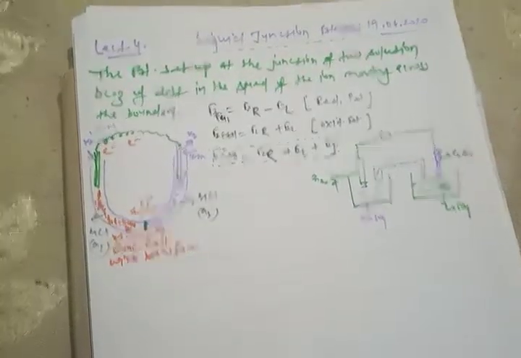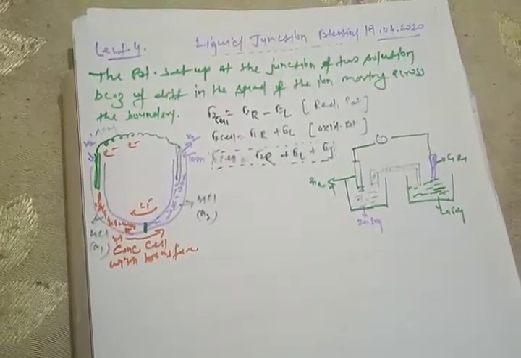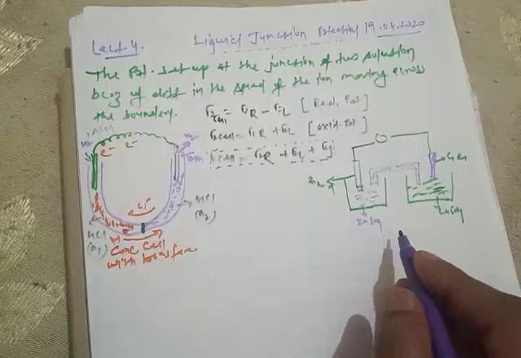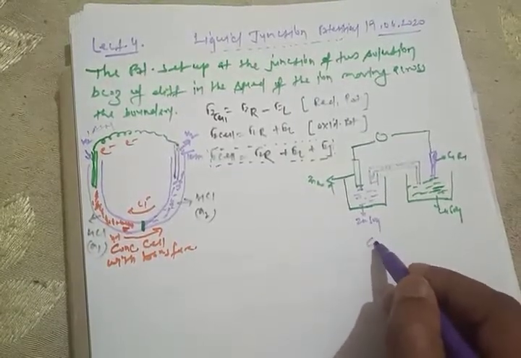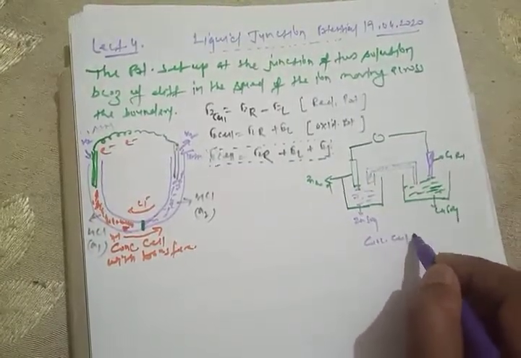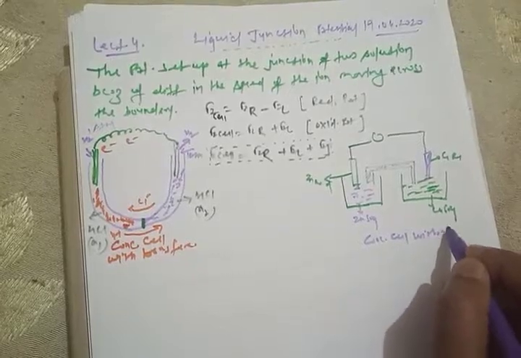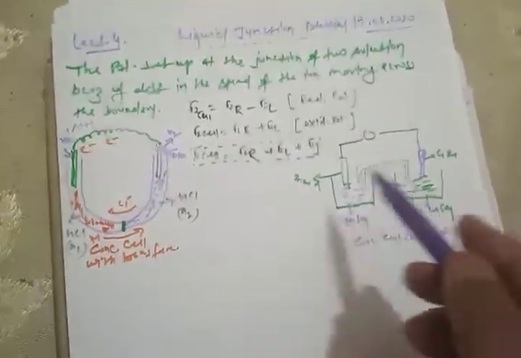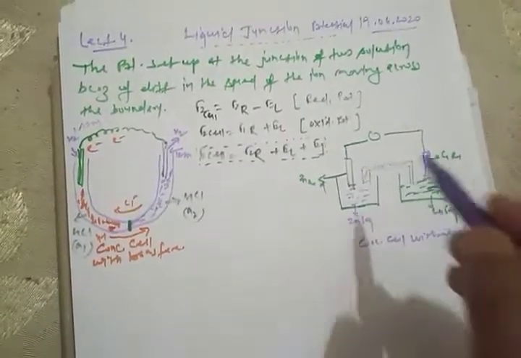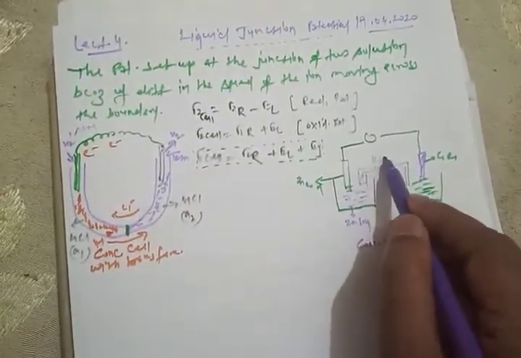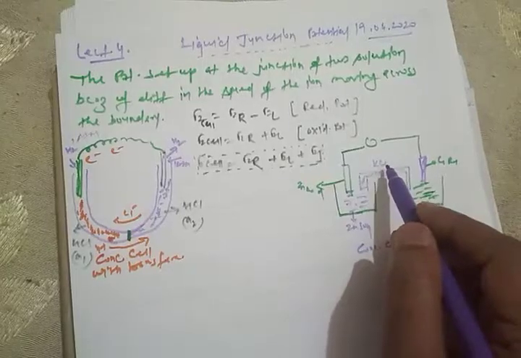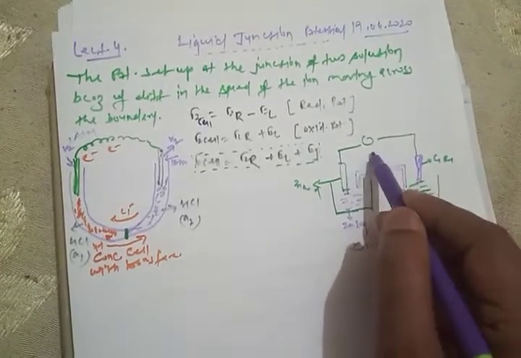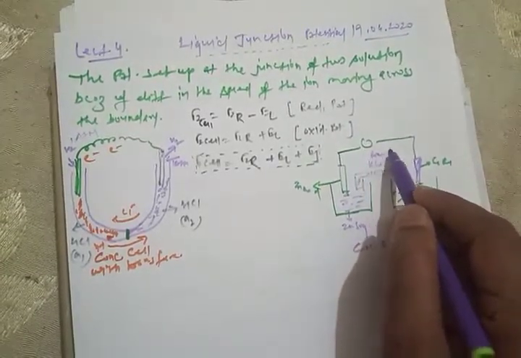So this is an example of a concentration cell without transference. Okay, this we had already discussed, I'm just giving a quick review here. So this is the salt bridge which contains KCl, and KCl along with the agar agar jelly.